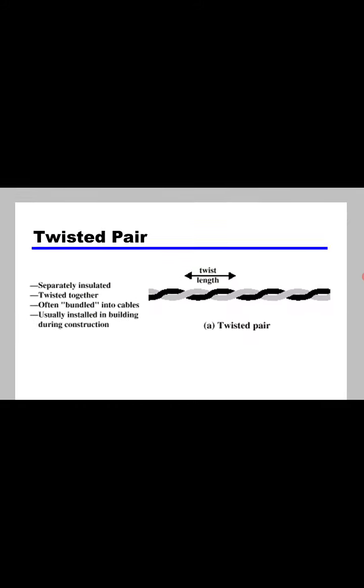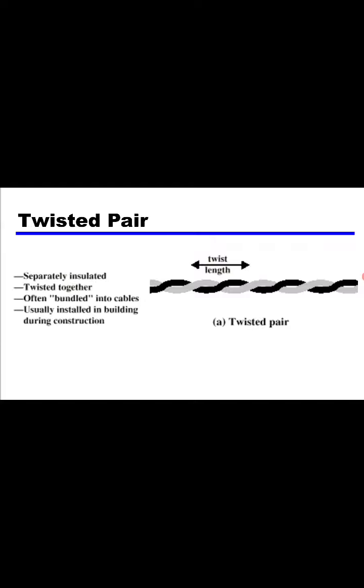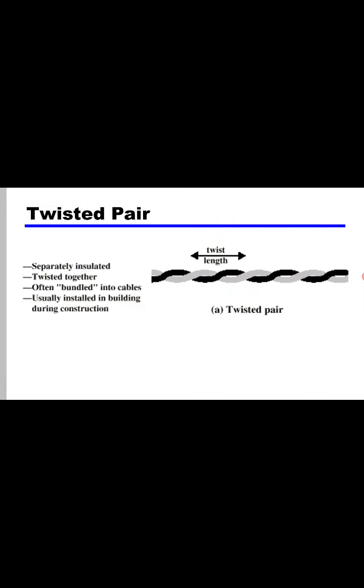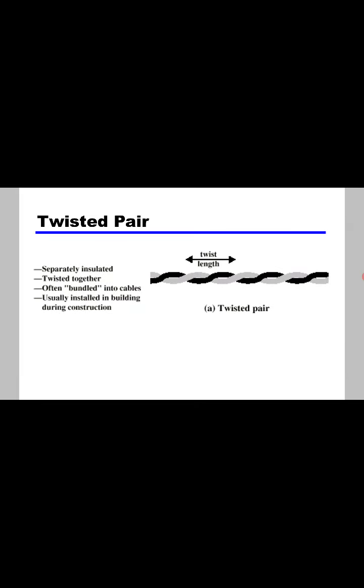In a twisted pair, we use some insulation material to separate the cables, and these cables are twisted together, often called bundled into cables, usually installed in buildings during construction. So this is the structure of the twisted pair. That is called the twist length.